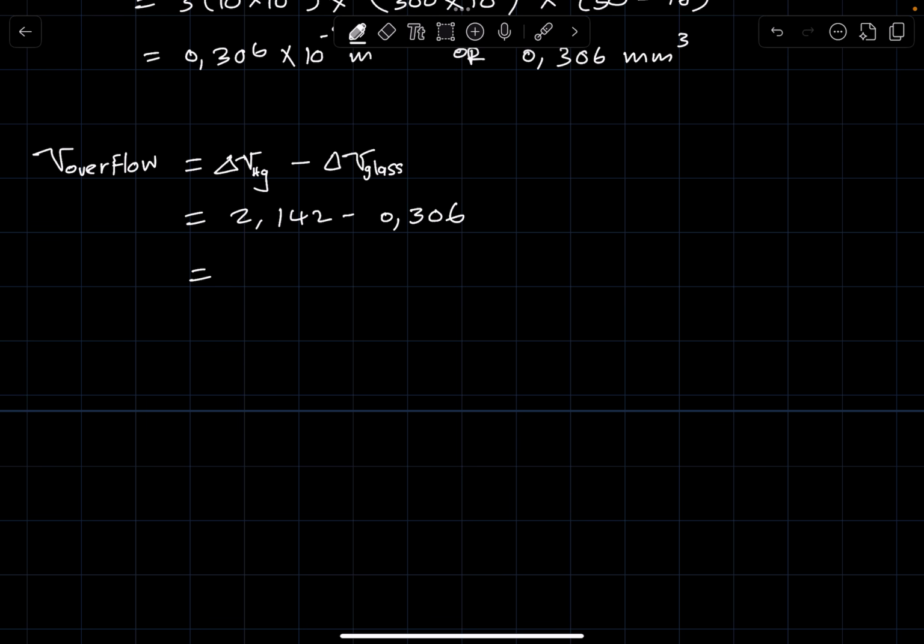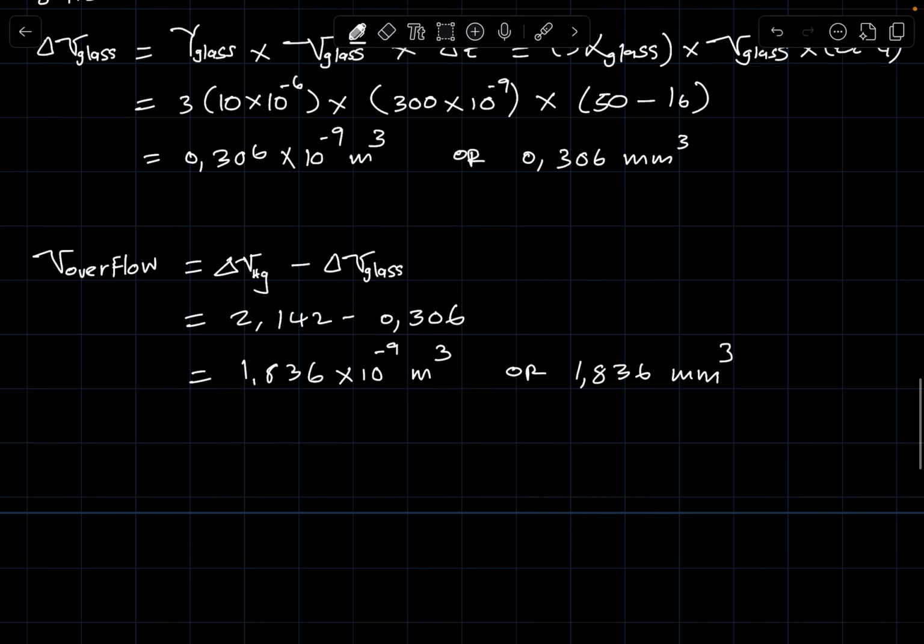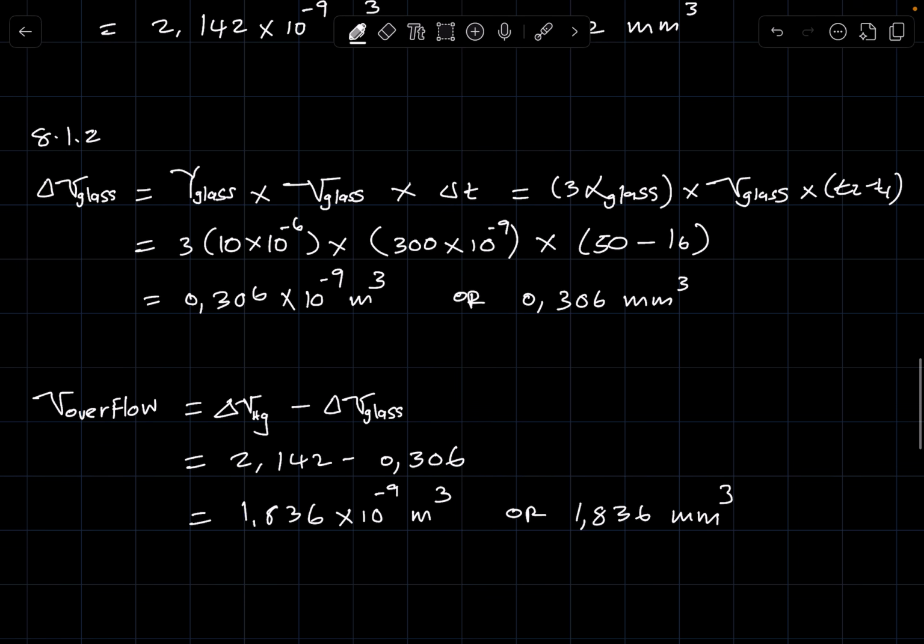If you punch it in your calculators, 2,142 minus 0.306 is 1,836. It depends whether you express this in cubic meters or cubic millimeters. For cubic meters, this will be 1,836 times 10 to the negative 9 cubic meters, or in cubic millimeters, it will be 1,836 cubic millimeters. But that is how you would approach such a problem.